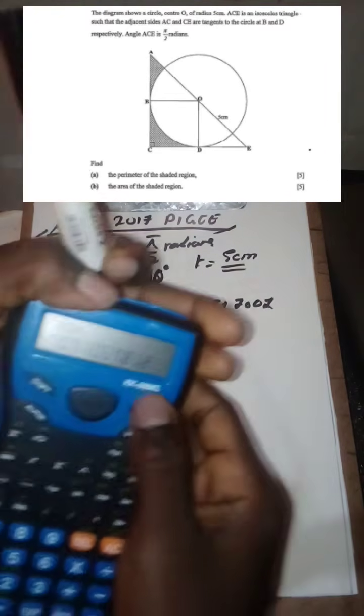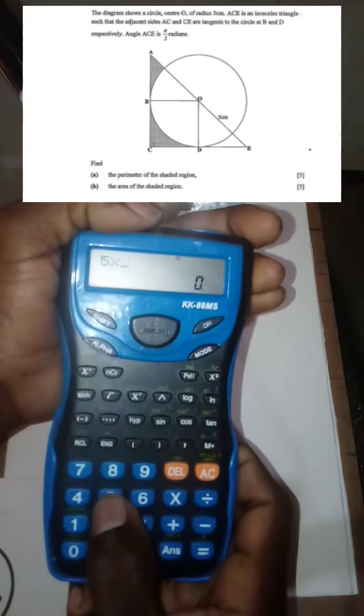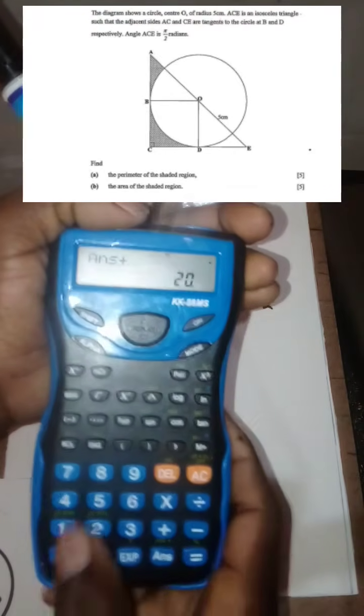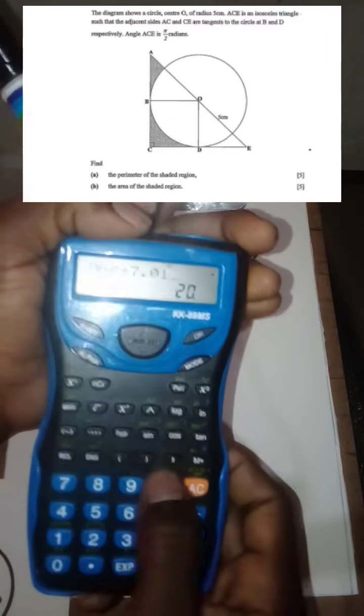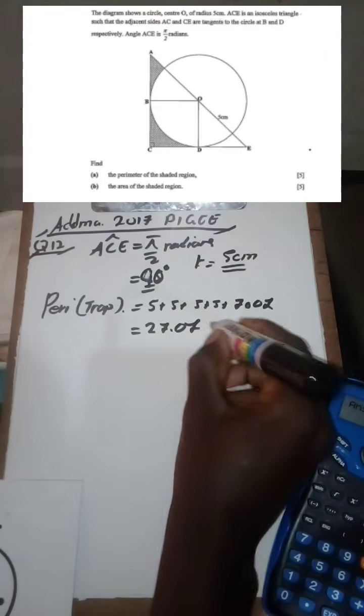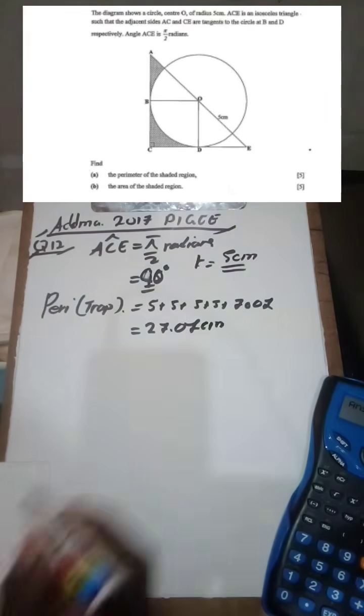So in short, I'll just say 5 by 4, 20 plus 7.07. Yeah, that is 27.07 centimeters is the perimeter around the trapezium.